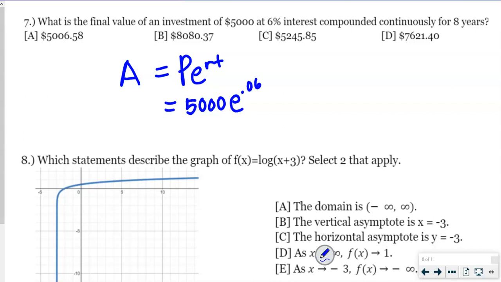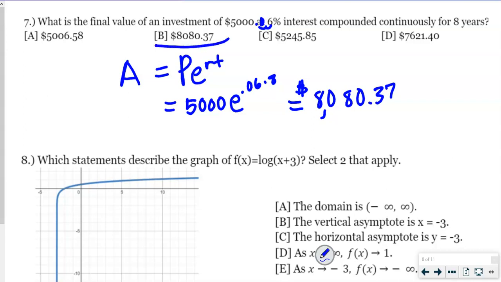Remember, you got to move that 2 decimal places to the left, right? So it'd be 0.06 times our 8. And you can put this directly into the calculator, and that is going to give you 80.37. Okay? And again, e is the second ln button on your calculator, okay?